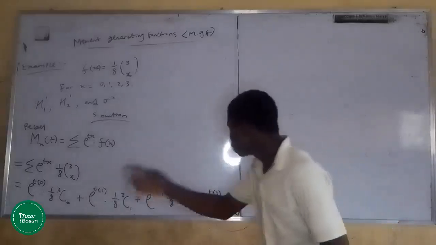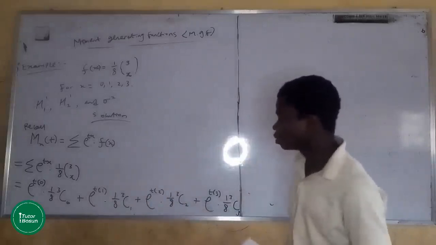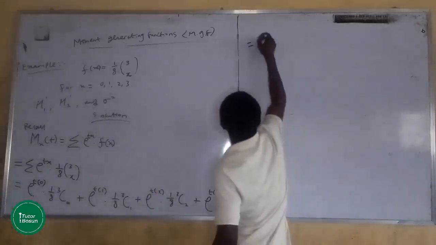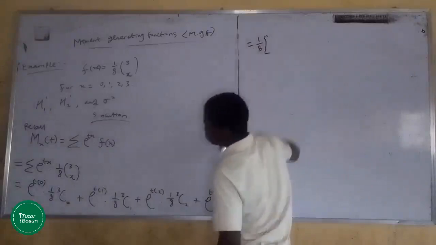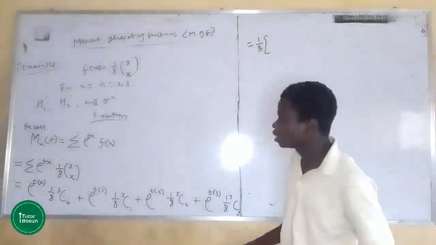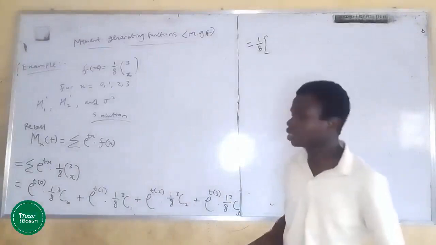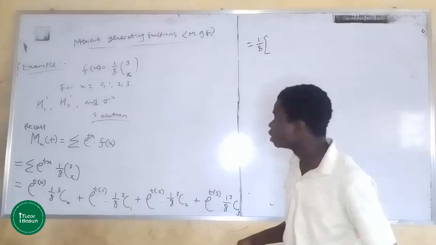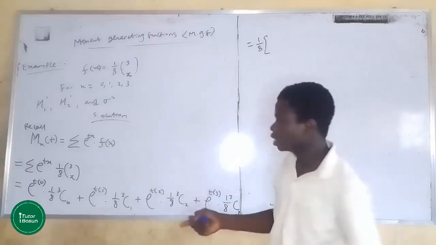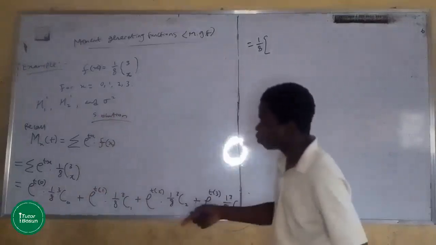So we can decide to bring out 1 over 8 for all the values, and here we have 1 over 8 into exponential t raised to power 0, and we know that anything raised to power 0 is going to give us 1. t times 0 is 0, and exponential 0 is going to be 1.